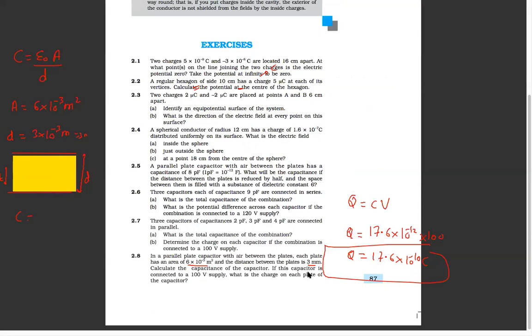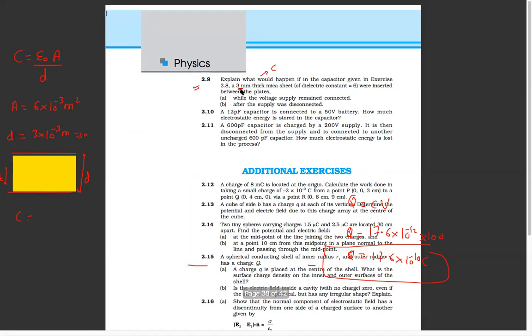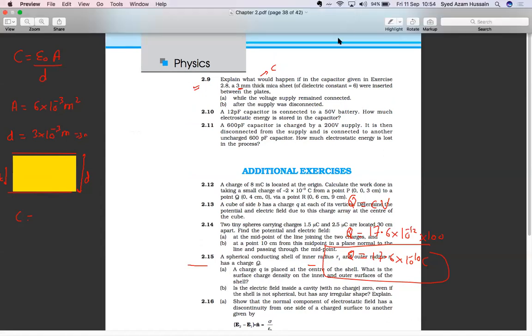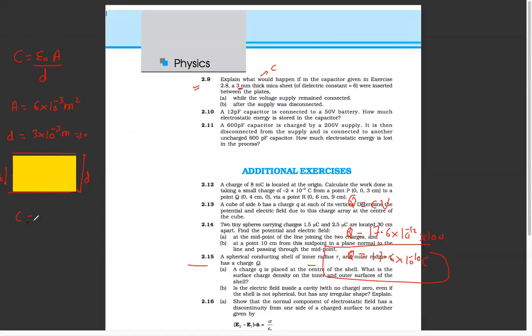Earlier too, the separation between the plates is 3 mm, and again the thickness of the dielectric slab is 3 mm. That means the space between the plates is fully filled. Your capacity will be K epsilon naught A by D. I guess the answer of the first part should be the same as that of 2.8.